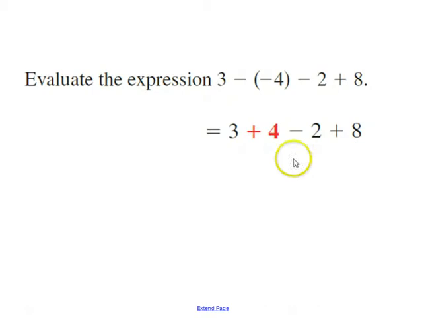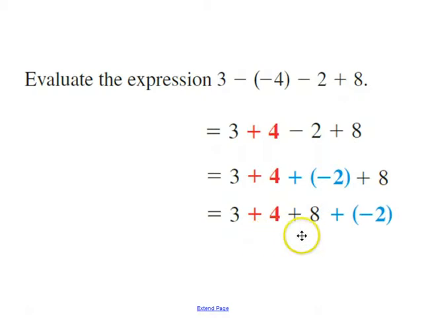Well, the way to do that is to change -2 to plus -2. Once all the operations are the same addition, I can change the order if I want. And it becomes 3 plus 4 plus 8 plus that -2. These become much easier now to add. 3 plus 4 plus 8 make 15, and I've got 15 plus -2, which in other words is 15 minus 2, which is 13.